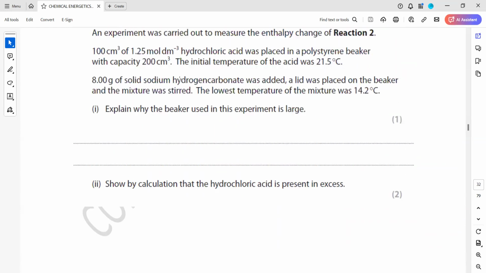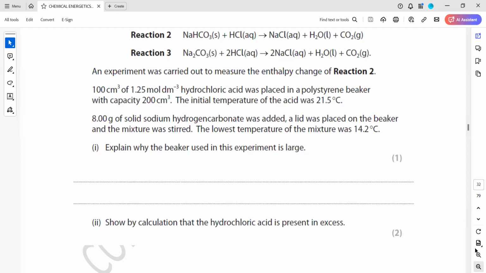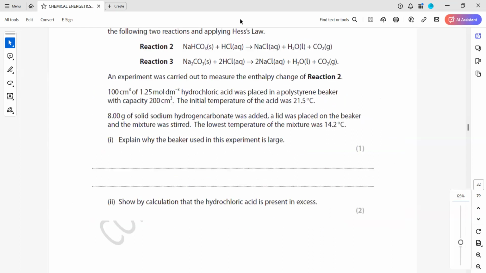Show by calculation that the hydrochloric acid present is in excess. So how can we show it is in excess? The ratio is 1:1. We have 8 gram of sodium hydrogen carbonate. To find the moles of sodium hydrogen carbonate, NaHCO3, moles equals mass in gram over molar mass. Mass is 8 gram.